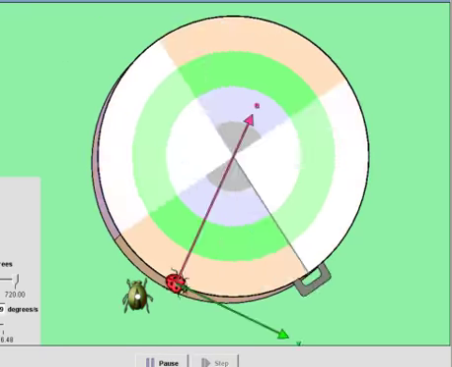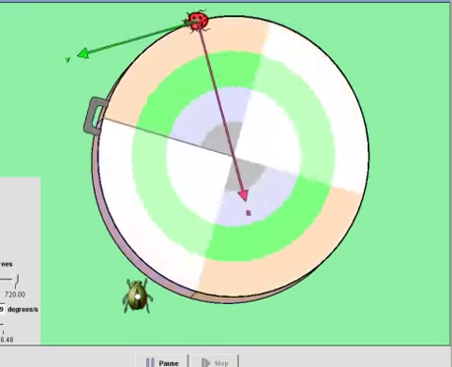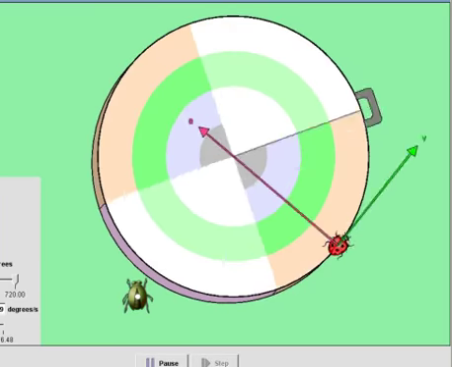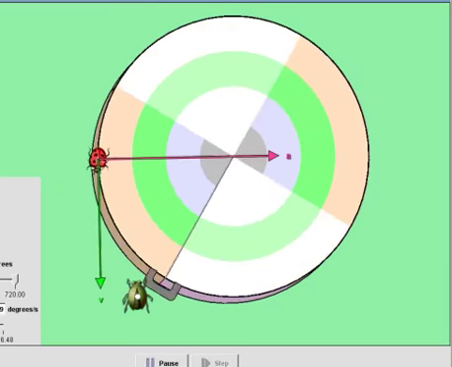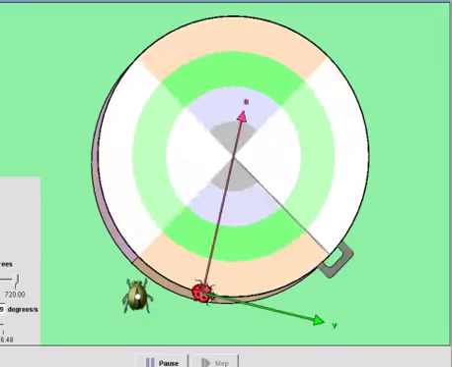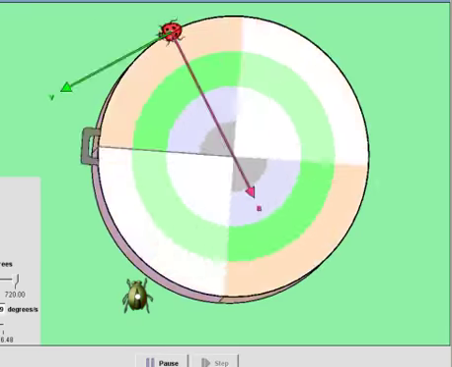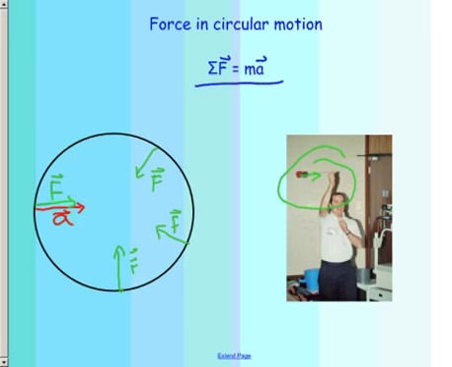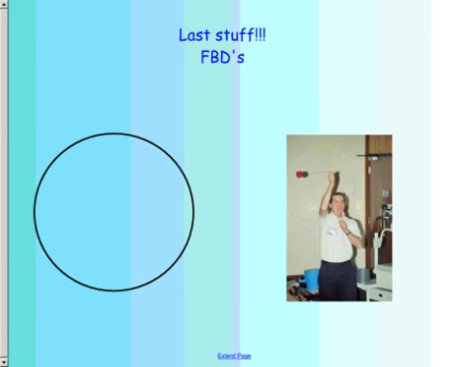So here's a crazy thing. This turntable, the spinning table, is pushing on the ladybug straight towards the center of the circle. Totally bizarre. All right, last thing, here we go. If we do an FBD of, let's say, our ball of yarn is right there. So I'm going to come over here, draw the ball of yarn.